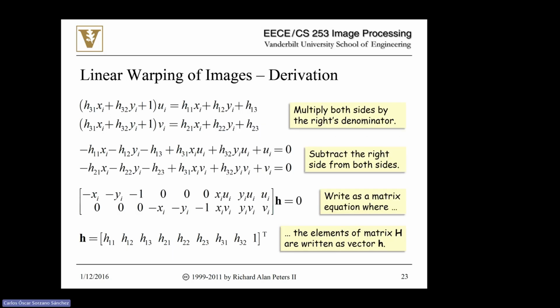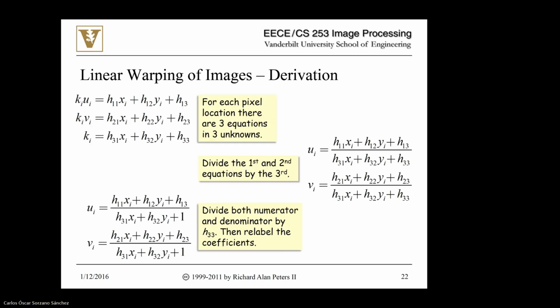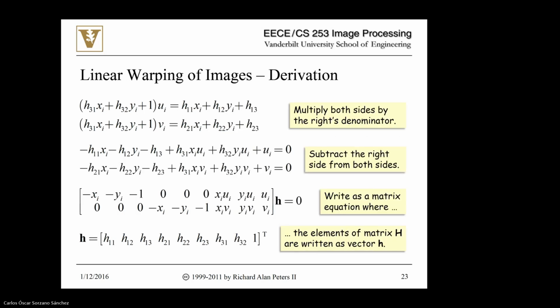Okay, so now you rearrange: take this part from the denominator and move it to the numerator, same here. This is now the new equation system. And now, which are our unknowns?